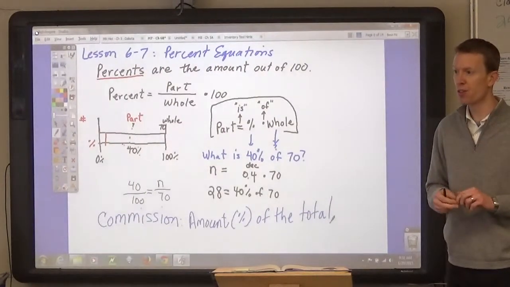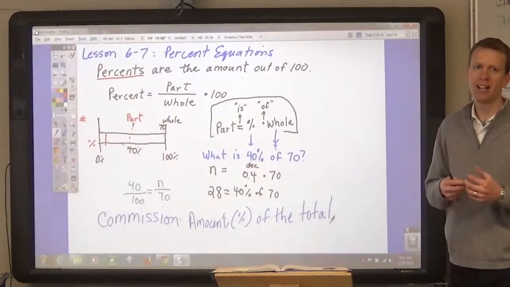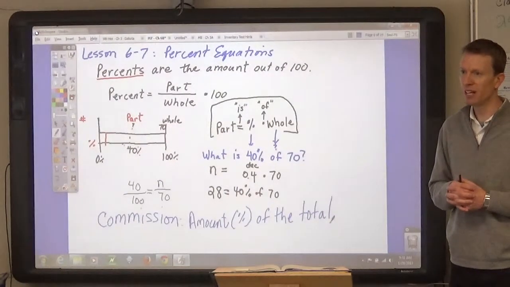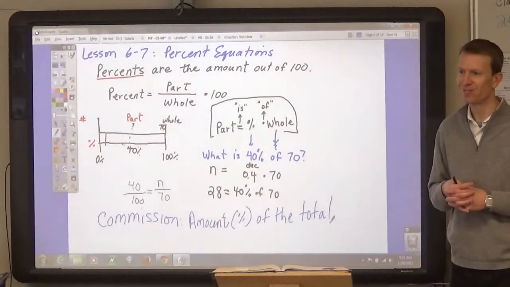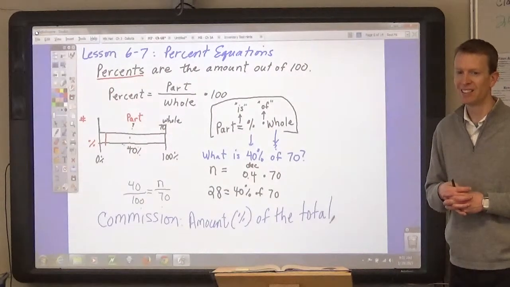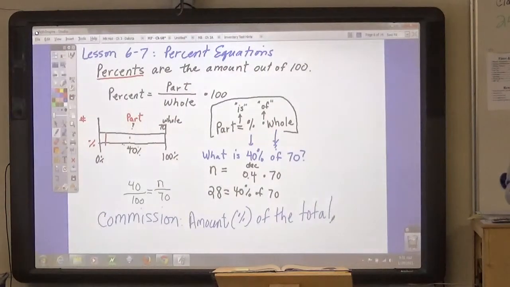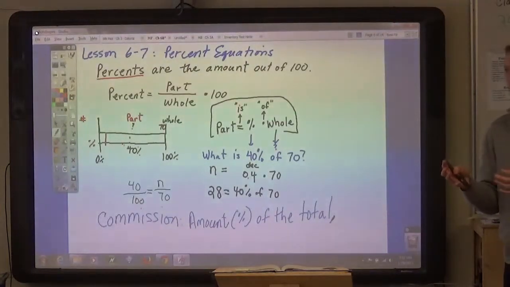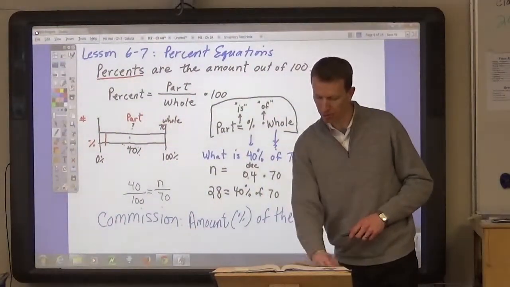But if they made 15% on those sales, what's 15% of $1 million? $150,000. Okay? So that 15% could be considered commission. We're going to look at some commission problems.